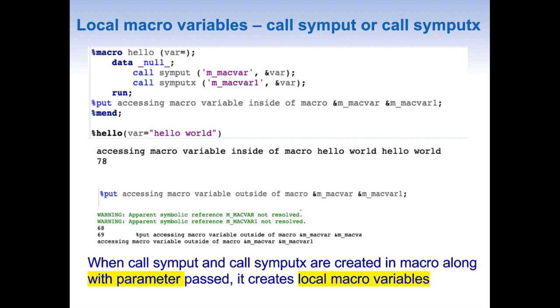So now when we pass the value of the macro variable here, that is var equal to hello world, these two macro variables also go into the local symbol table along with var. And when we try to access them outside of the macro, it will fail because these two macro variables are now of local scope.